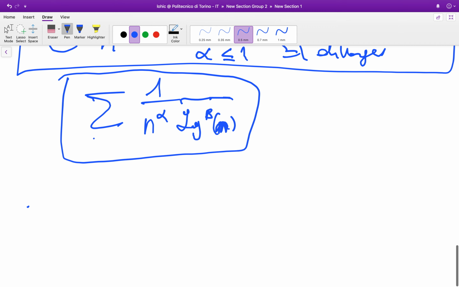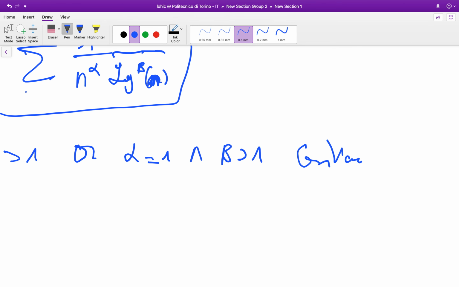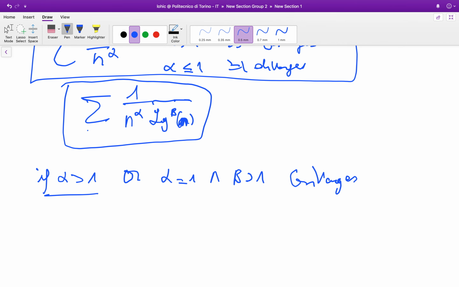Look, if alpha is bigger than 1, or alpha equals 1 and beta is bigger than 1, the series converges. If this condition holds independently of beta, the series will converge. Otherwise, if alpha is 1 and beta is greater than 1, the series converges.